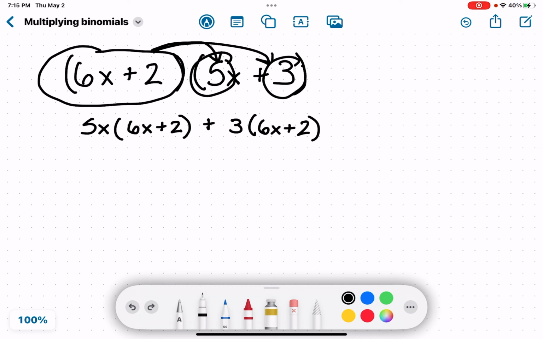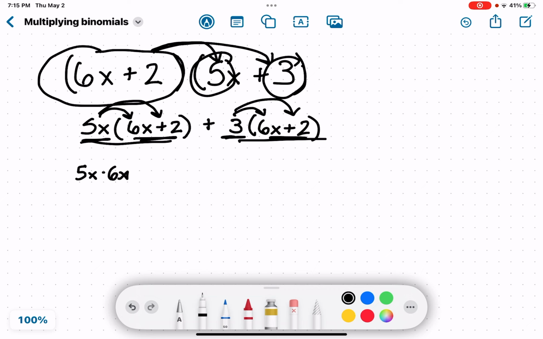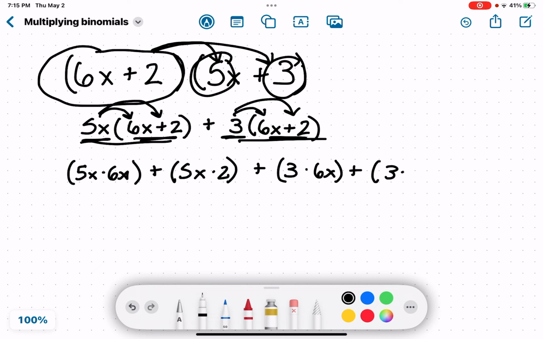Just like when we were multiplying with our monomial, we have two of them now, our monomials and our binomial. All we have to do is distribute once again and simplify. So 5x times 6x, plus 5x times 2, plus 3 times 6x, plus 3 times 2. And then solve.